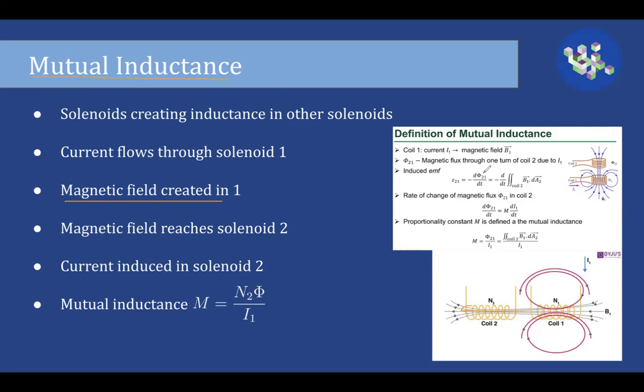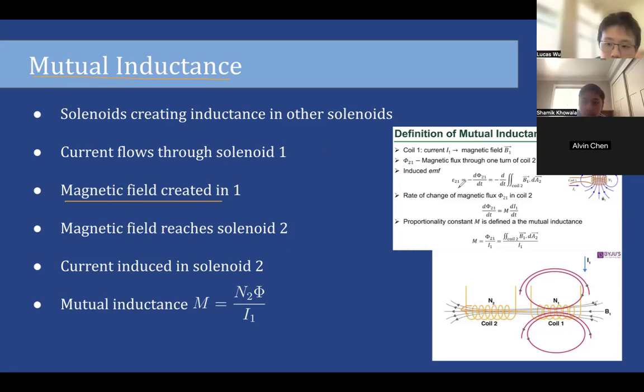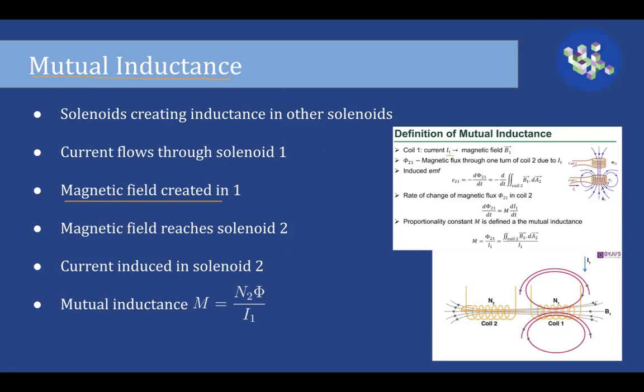Mathematically, how this works: you have a current I1 flowing through solenoid 1. This generates a B1. This reaches solenoid 2 and makes a magnetic flux through coil 2. The induced EMF by Faraday's law is E equals negative d/dt of B A, with B1 and A2 of the second solenoid.